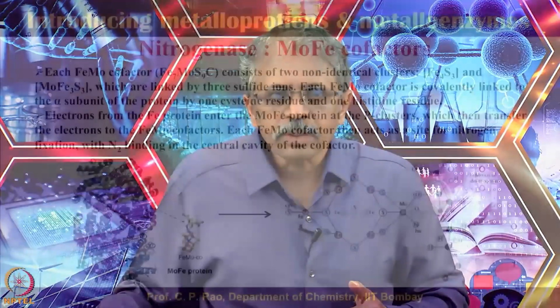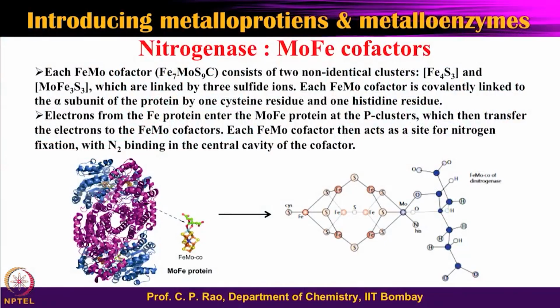The electron goes from the iron sulfur protein, which in turn gets it from other sources, as I will show you more clearly in the next slide, to the iron molybdenum protein, and from there to the P cluster, and from the P cluster to the iron molybdenum cofactor. Finally, the reaction occurs at the iron molybdenum cofactor where the nitrogen fixation takes place.